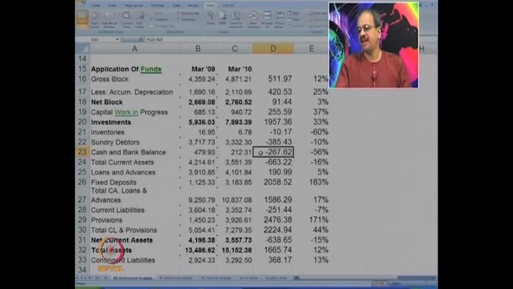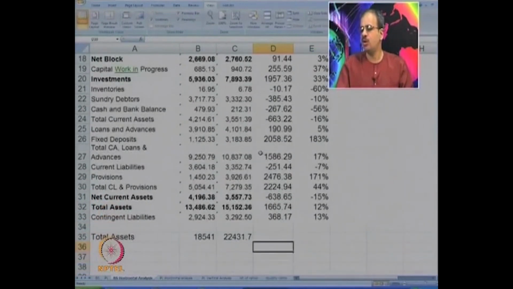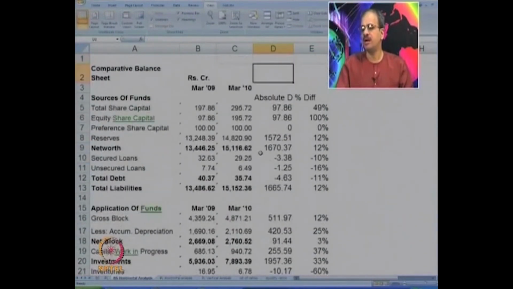Same thing, cash balance has slightly increased. If you look at provisions, provisions have increased, hefty increase, 2476 crores or 171% increase in provision. So, this is the overall position of the company.